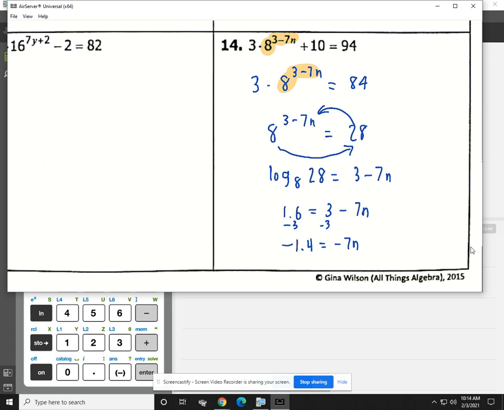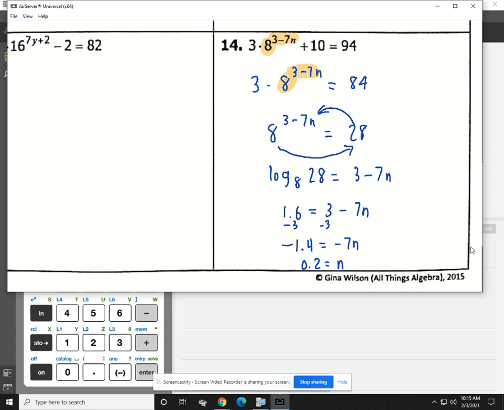You divide by negative 7. What's negative 1.4 divided by negative 7? 0.2. So 0.2 is my answer. How did you get negative 1.4? 1.6 minus 3 is negative 1.4. Try it. Got it?